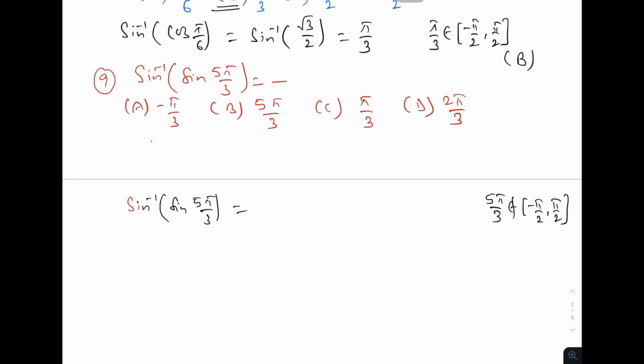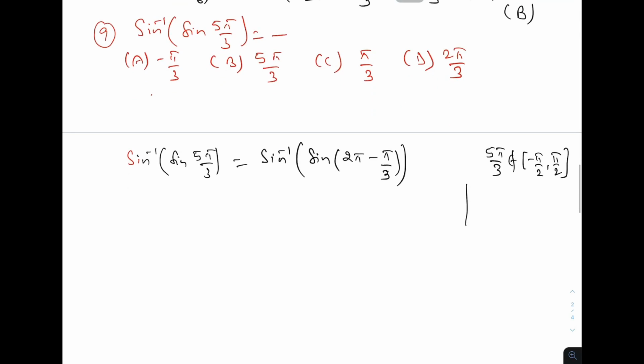So we do like this: sine inverse sine 5 pi by 3 we can write as sine inverse sine of 2 pi minus pi by 3, and the sign is negative here.